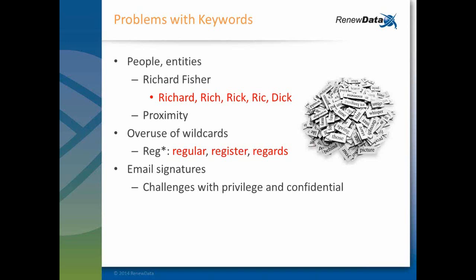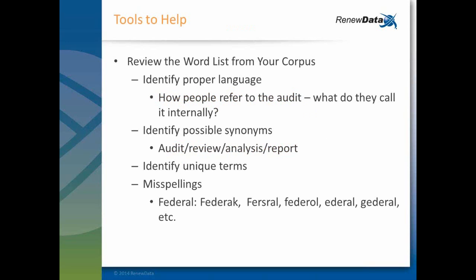Also allows you to identify possible synonyms. Certainly you can use a thesaurus, but the thesaurus isn't always going to have the right context of the term and how it's used within your organization. So the word list will actually help you identify those terms very easily. Also helps you identify unique terms.